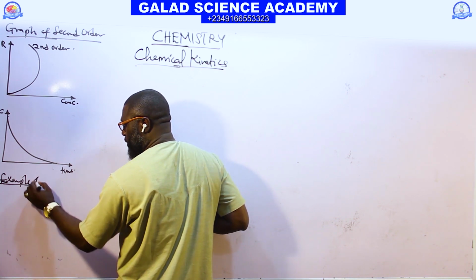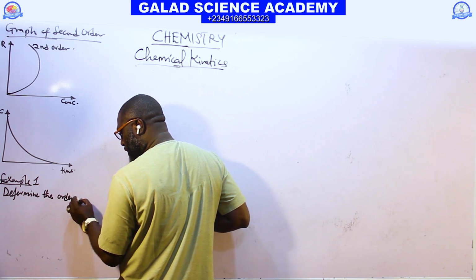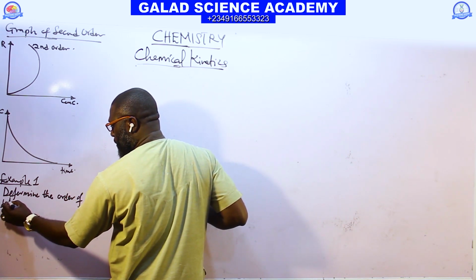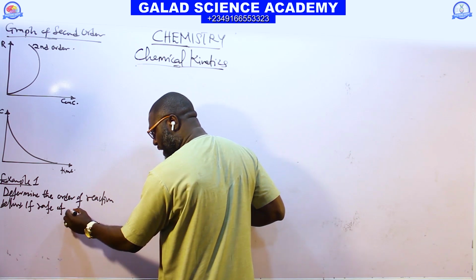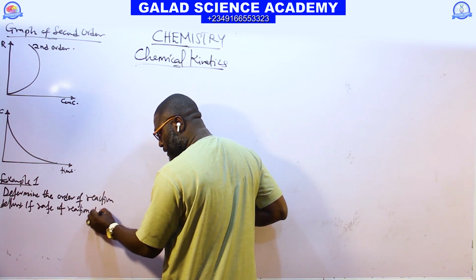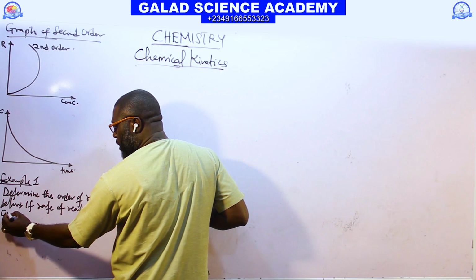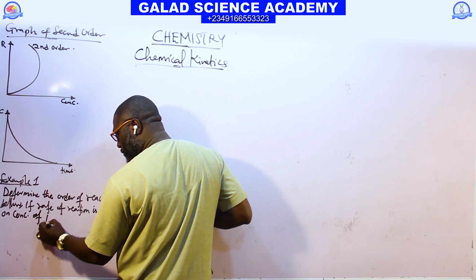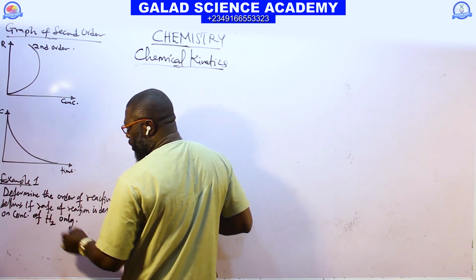Example 1. Determine the order of reaction below if the rate of reaction depends on the concentration of hydrogen molecule only.